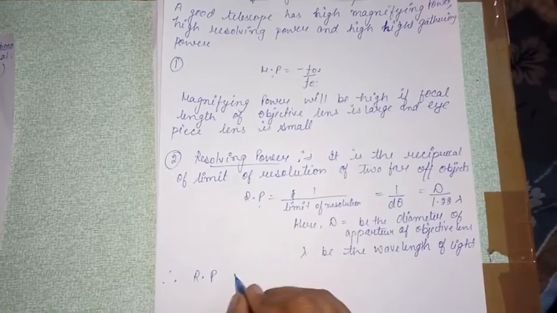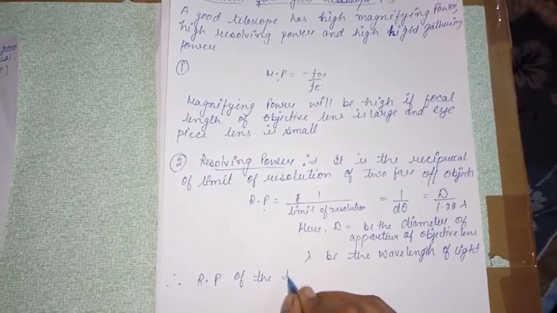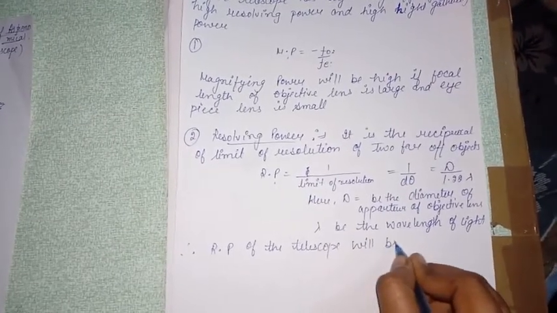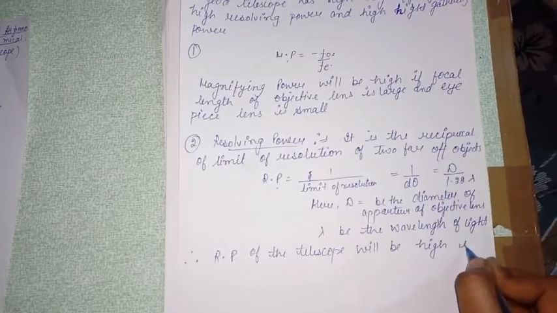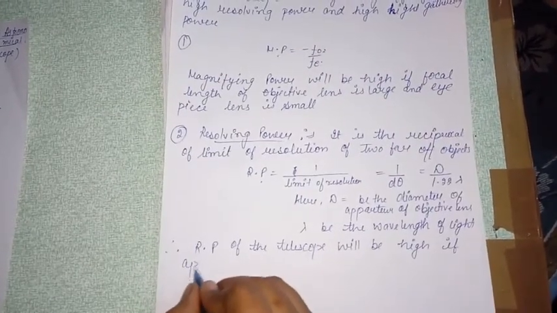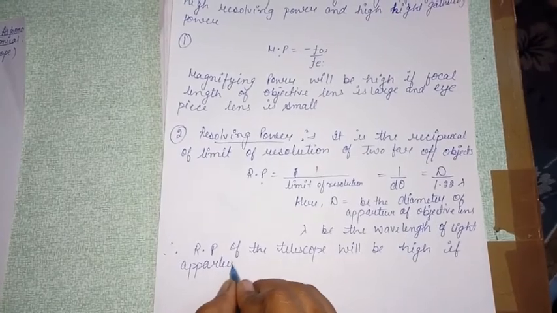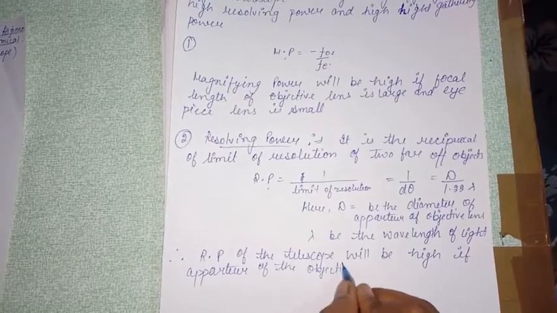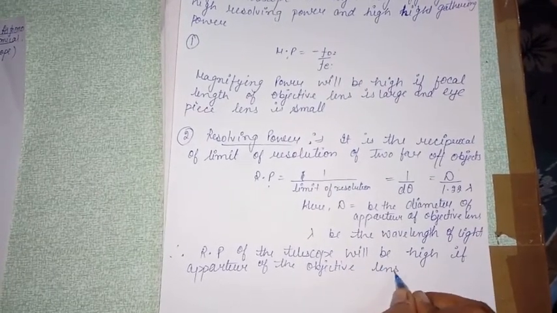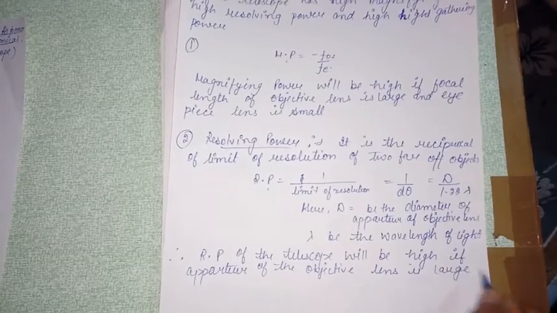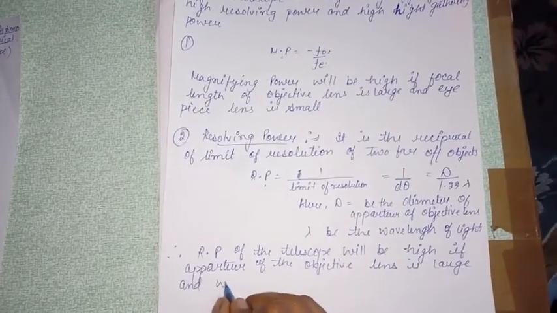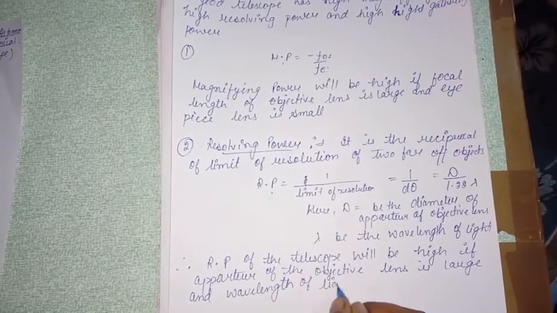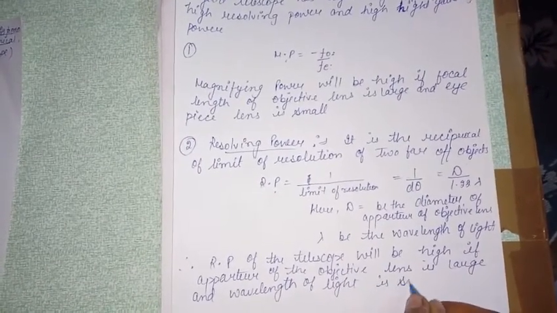The resolving power of the telescope will be high if the aperture of the objective lens is large and the wavelength of light is small.